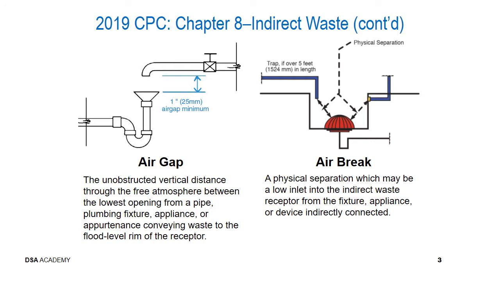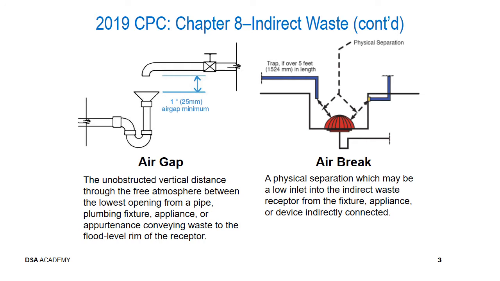Conversely, the air break, which is depicted on the right-hand side, shows a situation where if that floor sink became plugged and started filling with water, it wouldn't take long before that water was actually touching the discharge end of the indirect waste line, and in fact providing additional contamination to that waste line, which may then have the possibility of migrating up into the indirect waste line and back into the equipment that is feeding it.